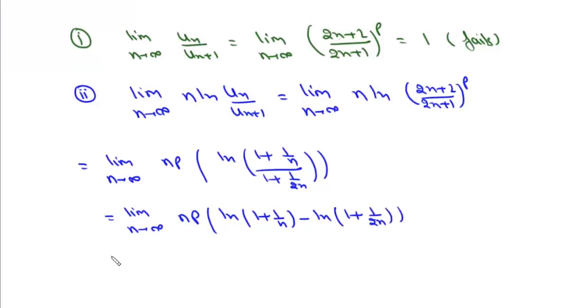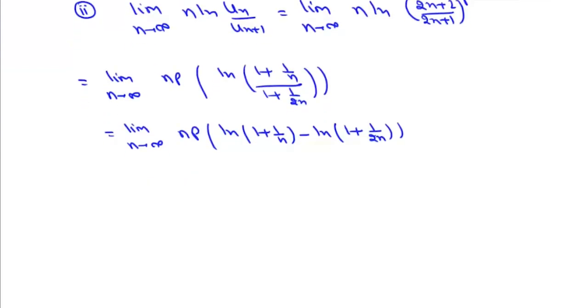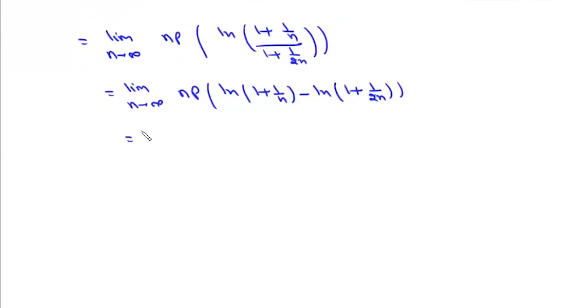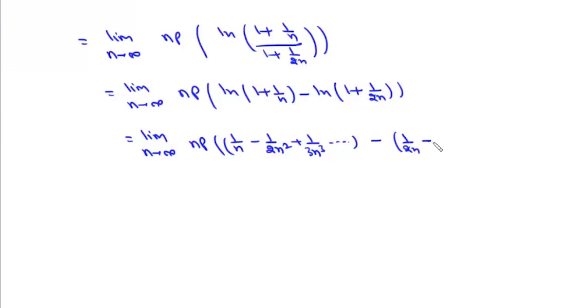Now we'll use series expansion. We can write this as this limit n tends to infinite n into p. Now this is 1 by n minus 1 by 2n square plus 1 by 3n cube, and here it will be 1 by 2n minus 1 by 8n square, and so on.